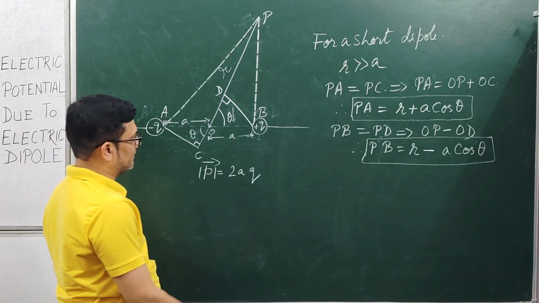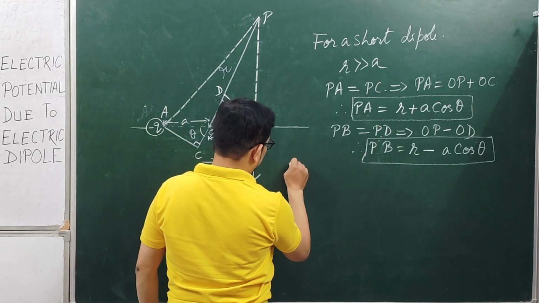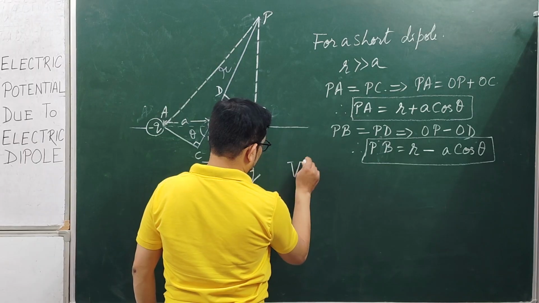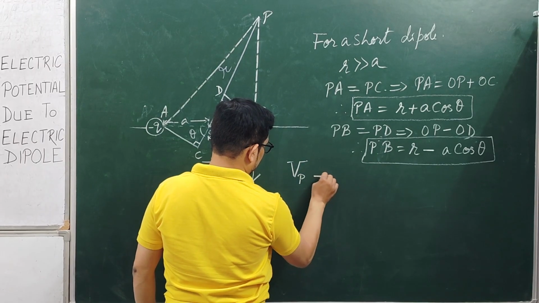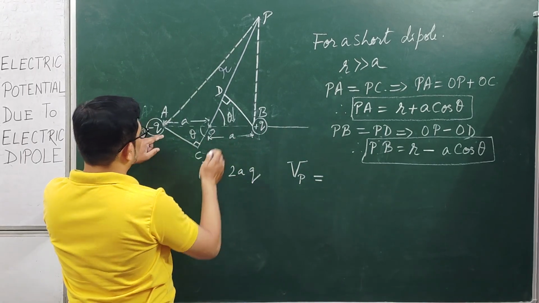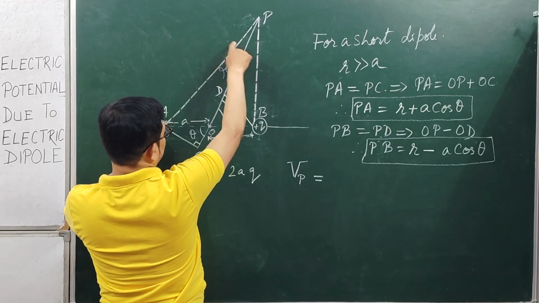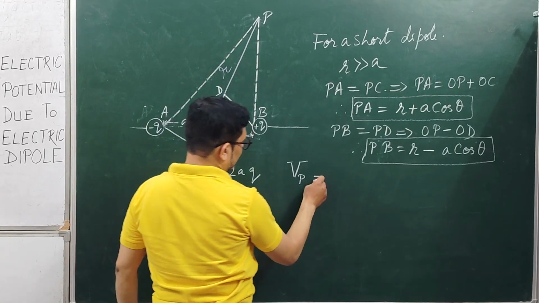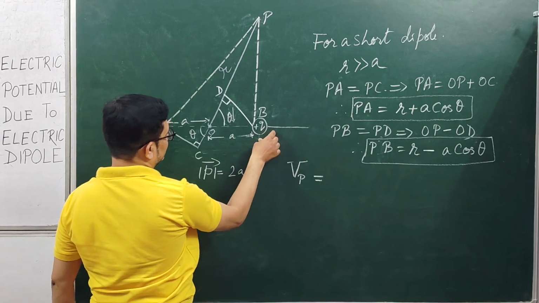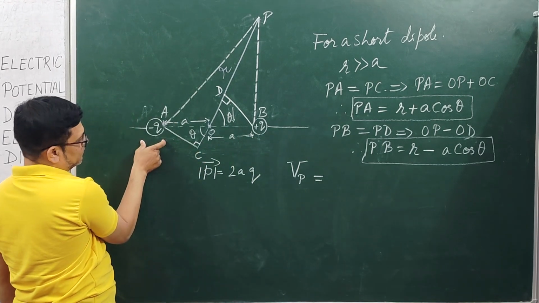What is the potential at P? The potential at P should be equal to the superposition sum of the potential because of this point charge and the potential because of this point charge.